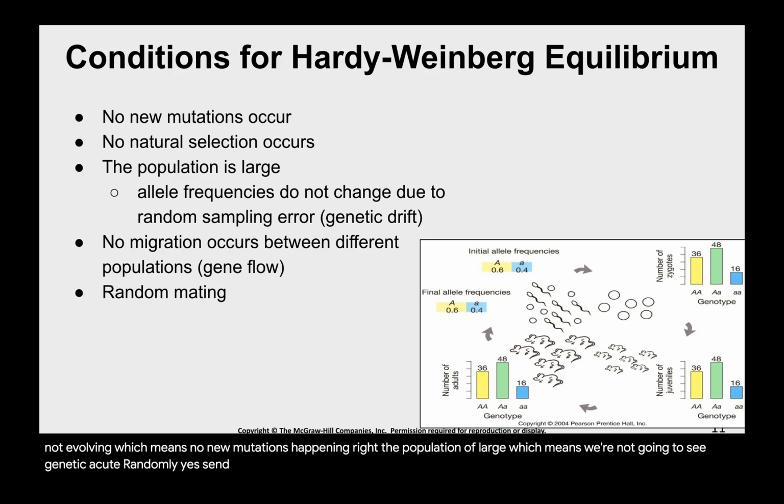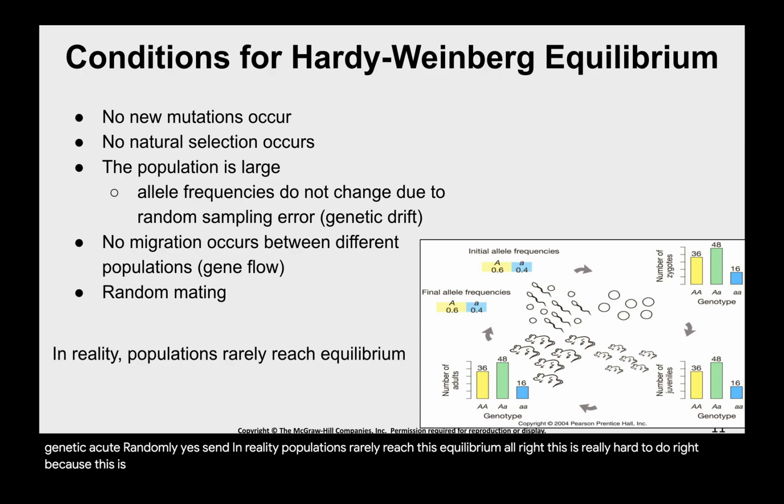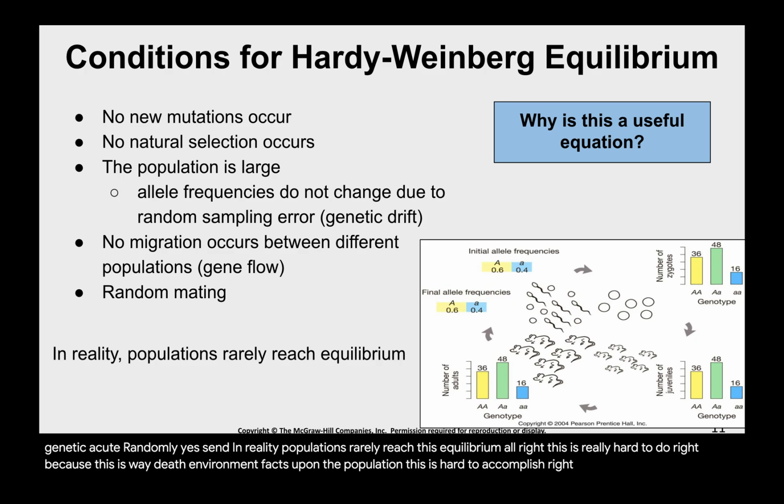It's a big question. In reality, populations rarely reach this equilibrium. This is really hard to do, because this just isn't the way the environment acts upon a population. So if this is hard to accomplish, why is this a useful equation?